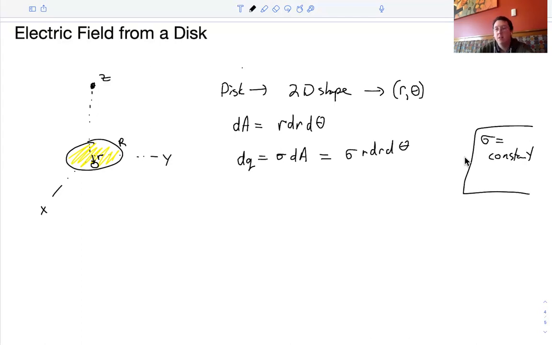Again, the setup is the same no matter what; you just have to do the calculus. If sigma varies, then the formulas you get will change a little bit, but it's something you can handle.